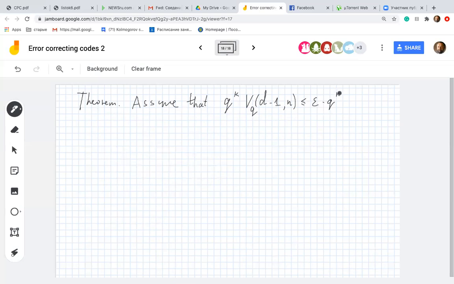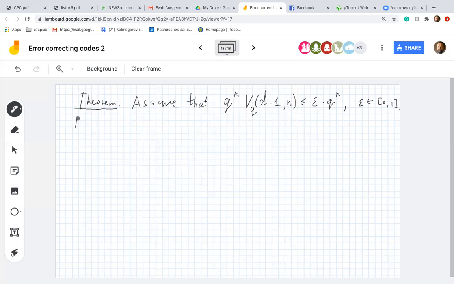So we have almost the same assumption as for linear codes. We have the same inequality as for the Varshamov-Gilbert bound, or just Gilbert bound, but in a stronger form with epsilon q to the n in the right hand side, where epsilon is a real number from 0 to 1.